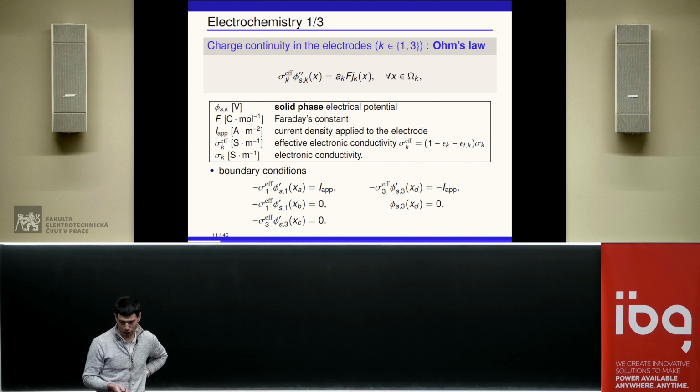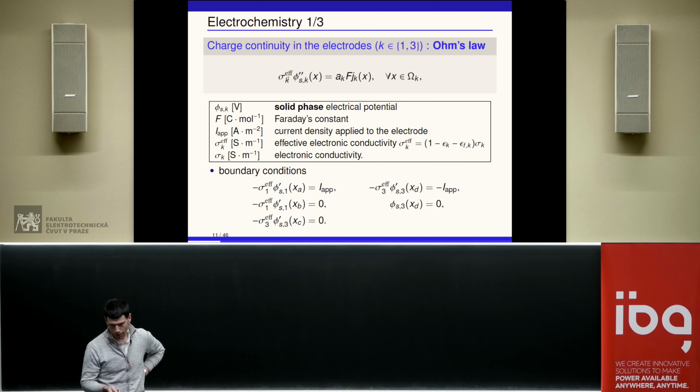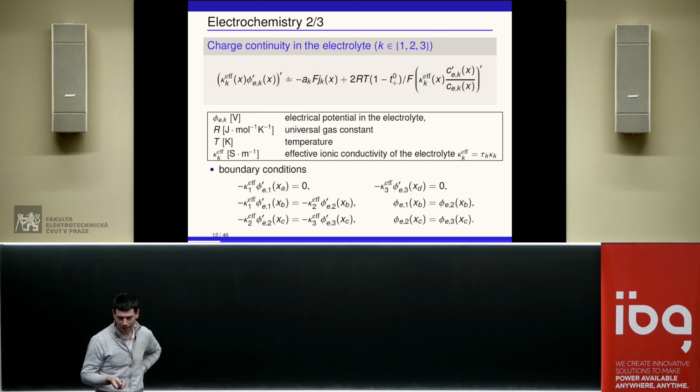So this is for the charge balance laws, which means basically Ohm's law, where the phi's are the electric potentials. This is in the electrolyte. Sorry, it's been a couple of days since I last worked with this model, so we have it also in the electrolyte.